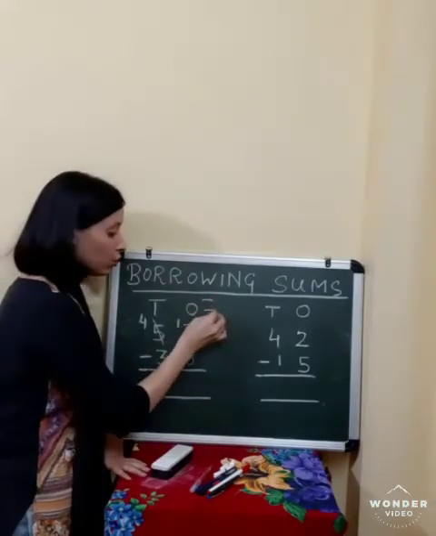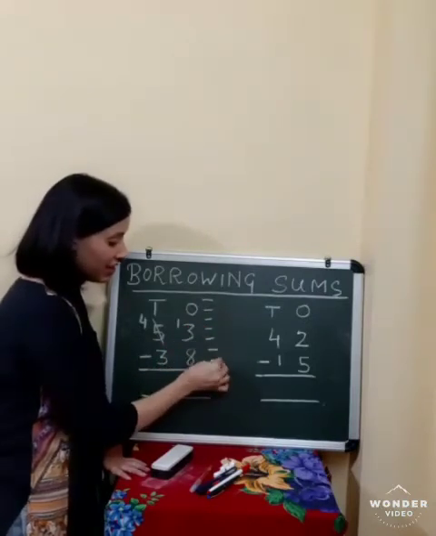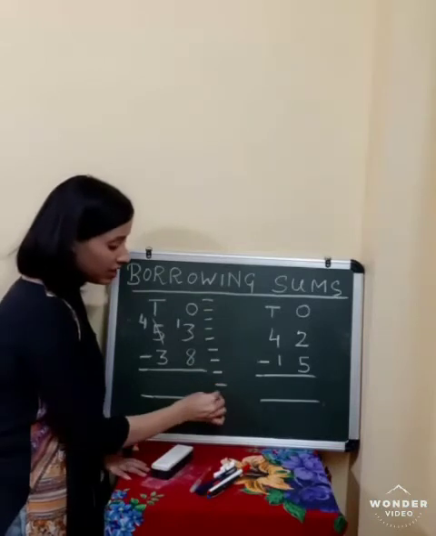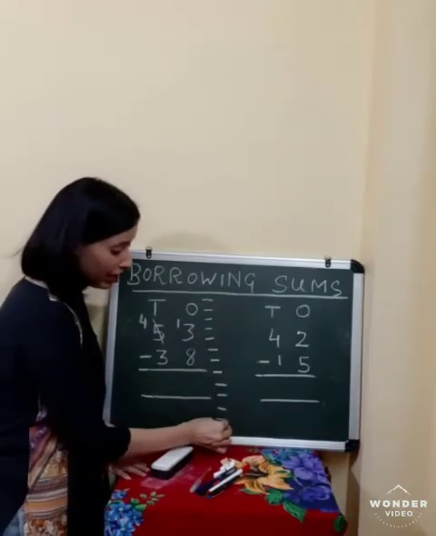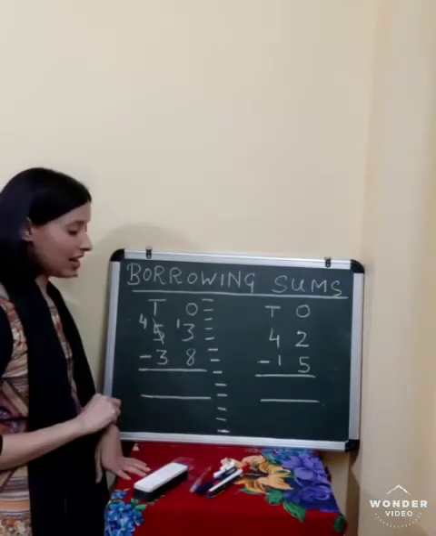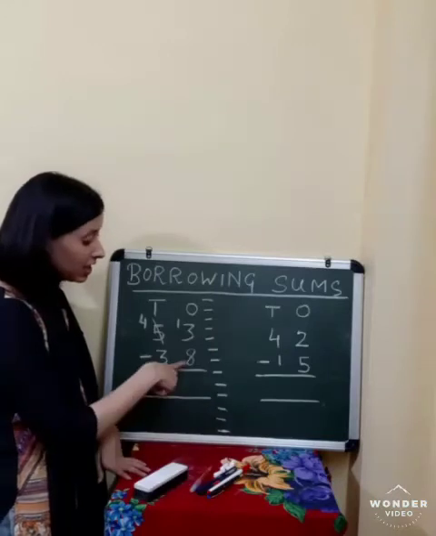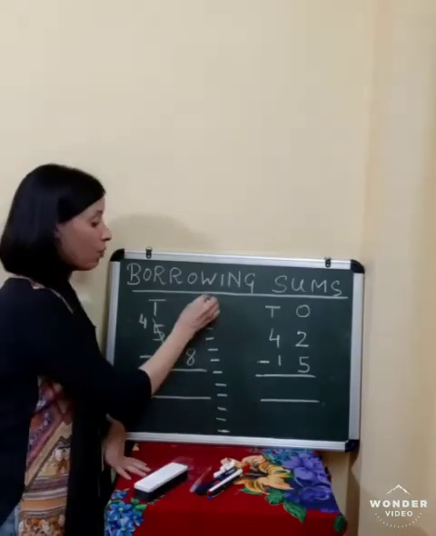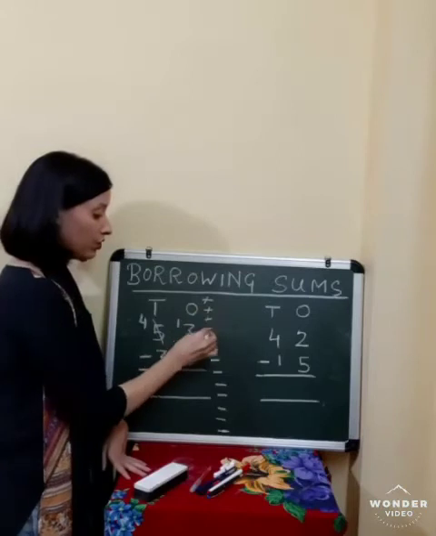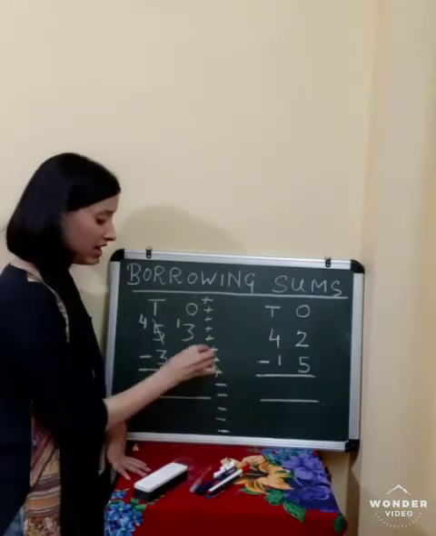1, 2, 3, 4, 5, 6, 7, 8, 9, 10, 11, 12, 13. So 13 lines are drawn. Now from these 13 lines, cut out 8 lines. 1, 2, 3, 4, 5, 6, 7, 8.